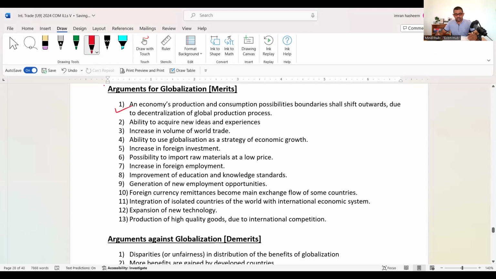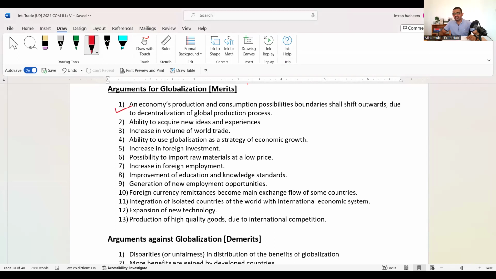Because global resources get distributed amongst all the countries. So that means each country's resource endowment is no longer restricted to the resources they have within the country, but on a global basis, they can use resources.